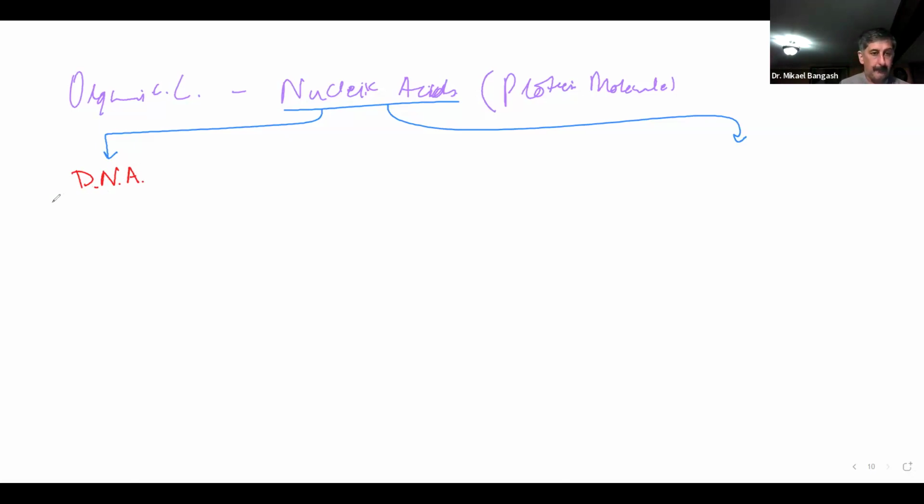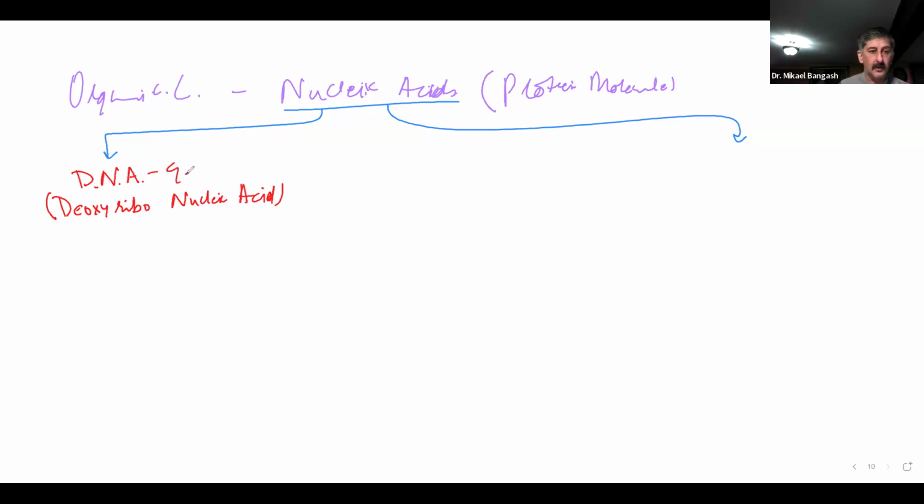What does DNA stand for? The D stands for deoxyribo, the N is nucleic, and the A is acid. So one kind of nucleic acid that we will have is deoxyribonucleic acid, abbreviated as DNA.